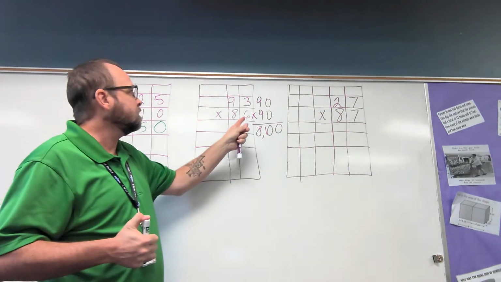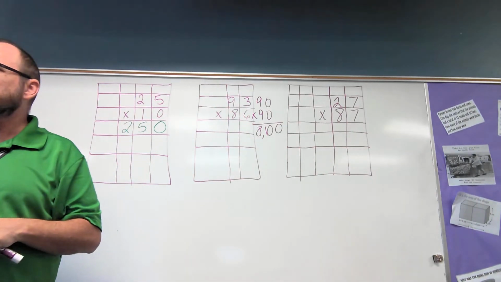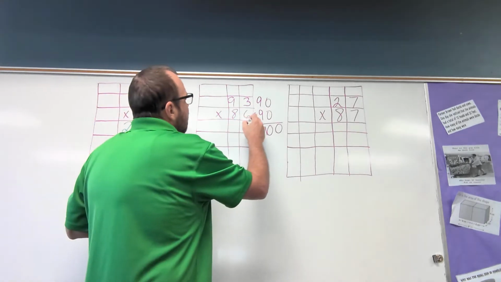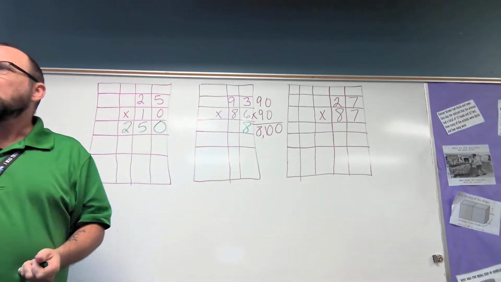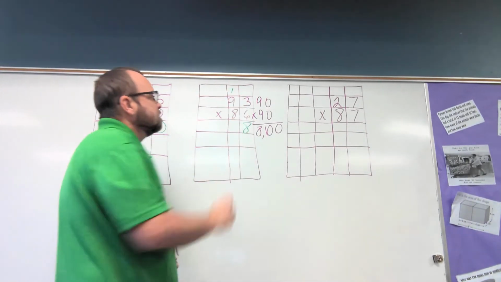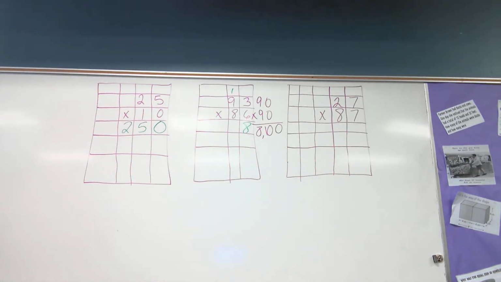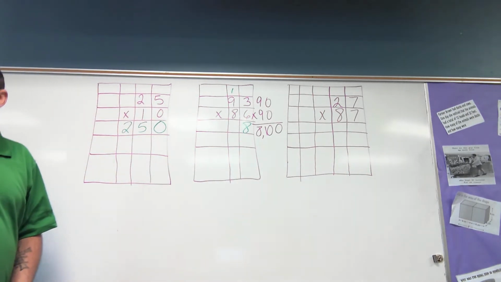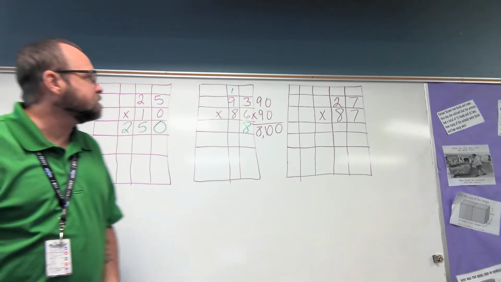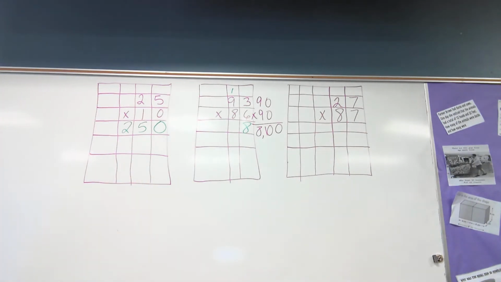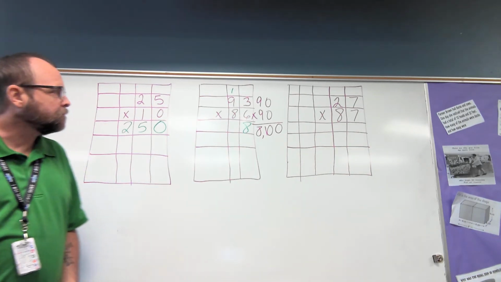Now I need to know my 6s. And class, what is 6 ones times 3 ones? 18. 18 ones. 18 ones is the same as saying 8 ones and 1 ten. Now I have 6 ones times 9 tens is, anybody? 6 times 9? 54.